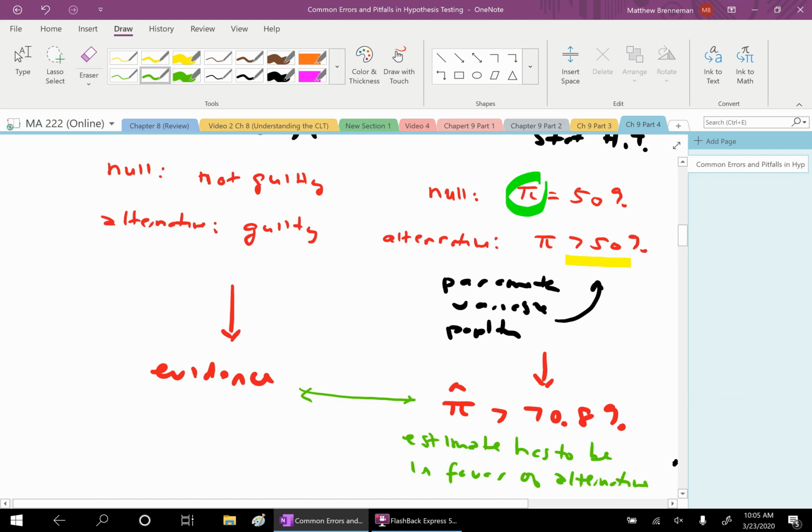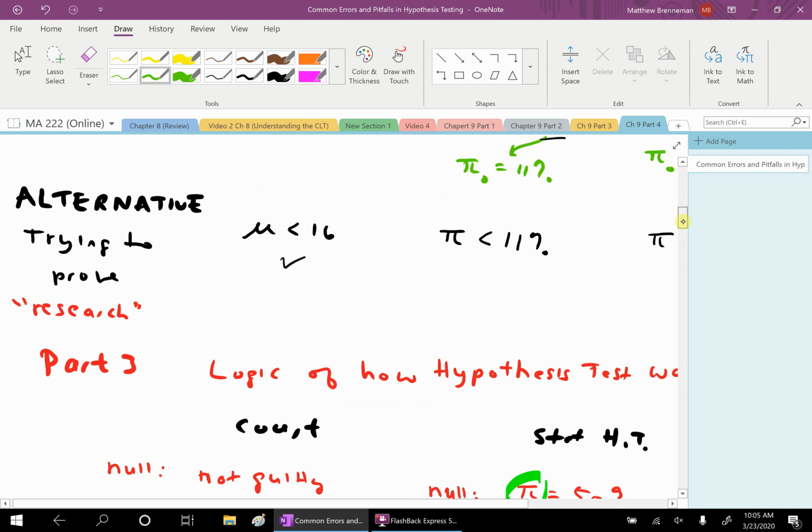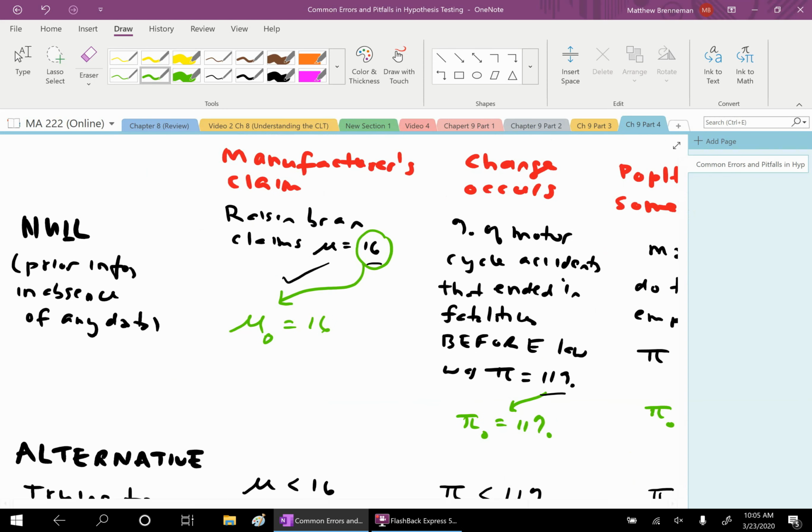And this example is not the best example to illustrate this point. So let me go back up to the example with the Raisin Bran. If you were to try to make a class action lawsuit against Raisin Bran, and you went out and got evidence, what would your evidence have to be?